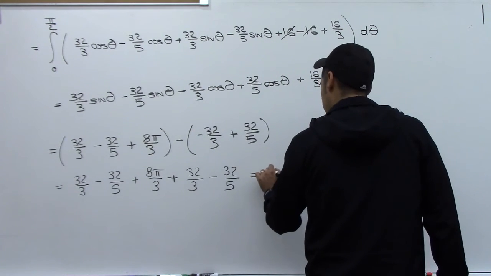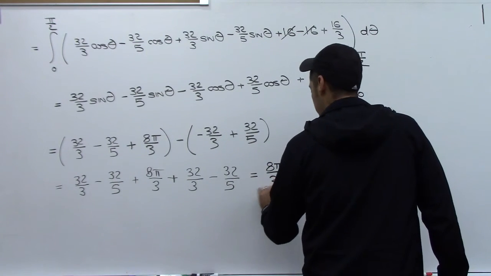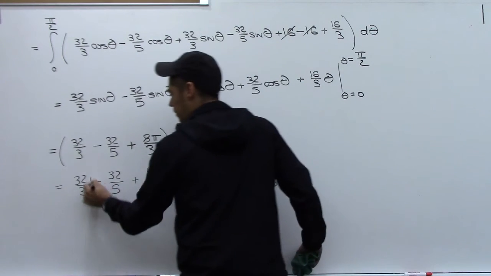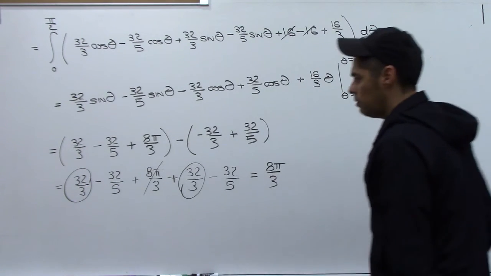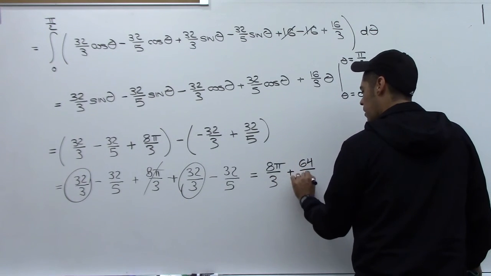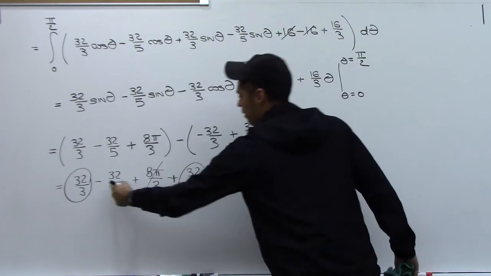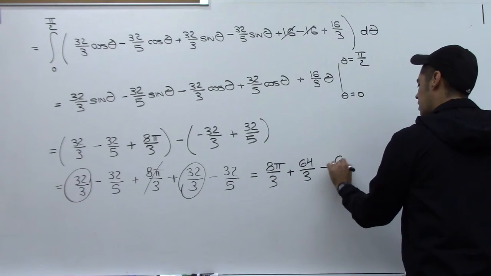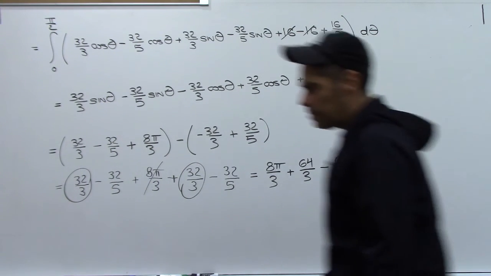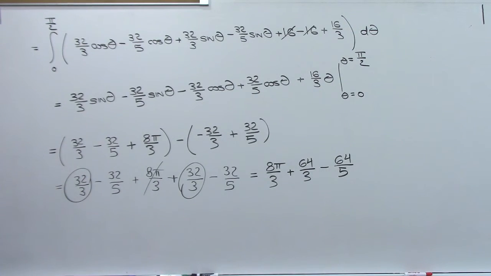So we get 8 pi over 3, that's this. Now put these two together. So plus 64 thirds, and then put these two together, minus 64 fifths. And then we get a common denominator between the two of those.